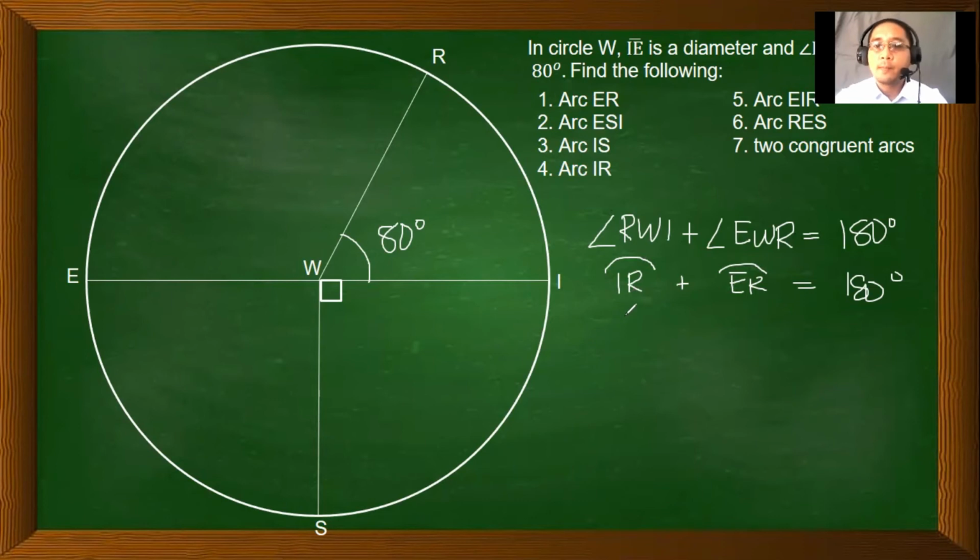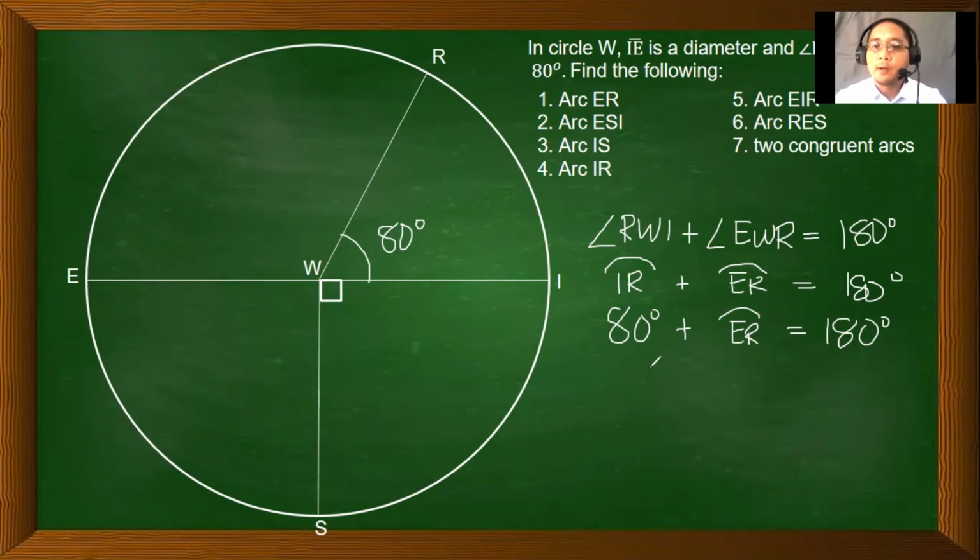So we have arc IR based on the central angle theorem. They are equivalent, and the missing one is arc ER, and we will now eliminate by subtracting both sides by 80 degrees.